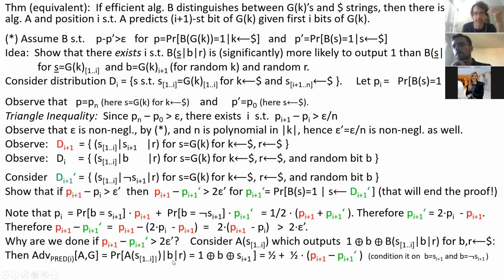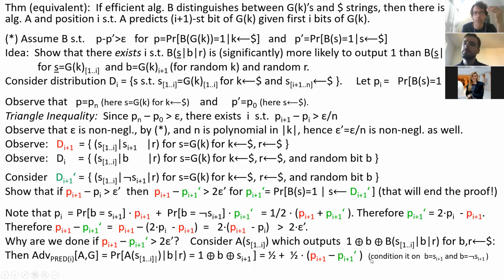With 1/2 probability this bit b, because it's picked at random, this bit b is the correct one. So let's look at the probability that this is true for the correct bit. Well, that's the probability that B, and this is capital B here, on the correct i plus first bits outputs 1. That's precisely this. So it's the red, pi plus 1.